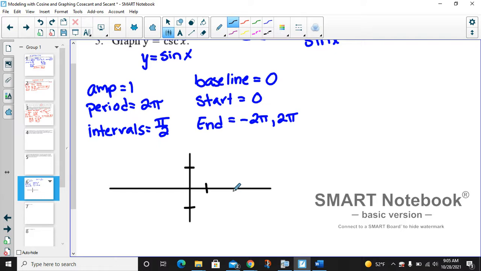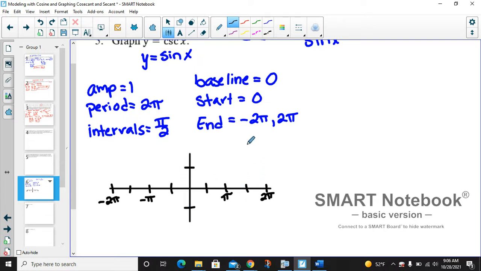I should have 4 ticks to the right and 4 ticks to the left. Each of these is pi over 2, so this is 1 pi over 2, 2 pi over 2, 3 pi over 2, 4 pi over 2, which reduces to 2 pi, and it'll happen similarly over here. This is just 1 and negative 1 here.